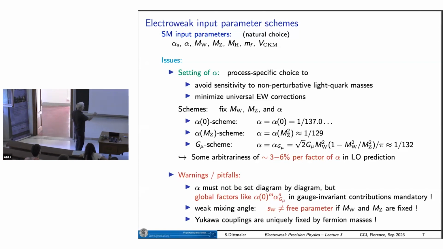So already here a couple of warnings. What people a longer time ago actually did sometimes is to say, well, I have a lot of diagrams that go into my prediction. Here this looks like a QED diagram, that looks like a weak diagram, and so on.